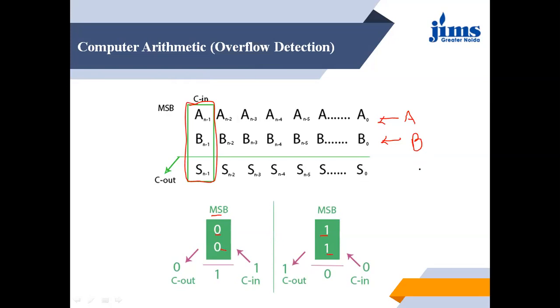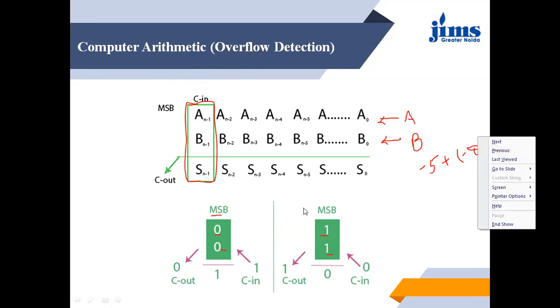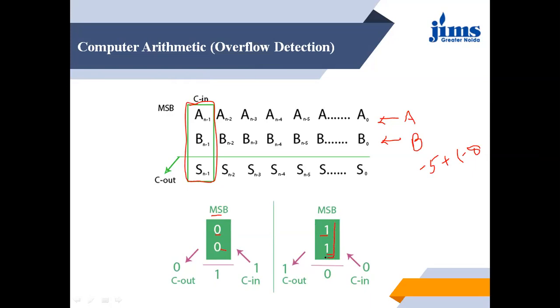As I showed you in the last, the numbers can be -5 plus -8, means both the numbers are positive or both the numbers are negative. So we will see these two cases, that is when both the numbers are negative and when both the numbers are positive.